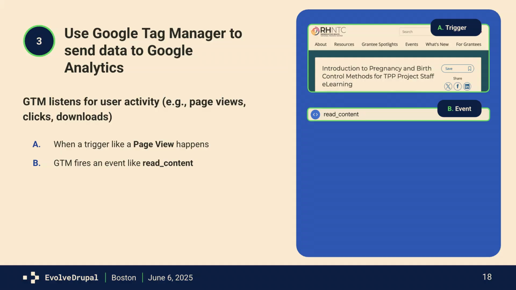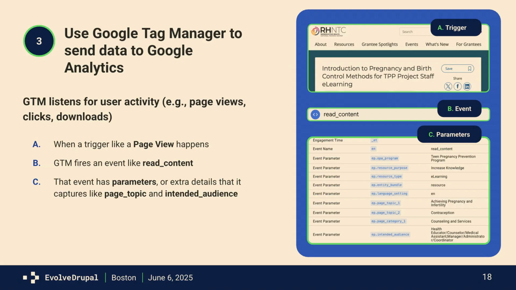Now, then GTM is going to fire an event, like read content. And this is a custom event that was set up by Emily. And essentially, right, when that event is fired, that event has parameters, right, or extra details that are captured. So when you're in Google Tag Manager setting up your events, you can define what the other parameters you're tracking are.